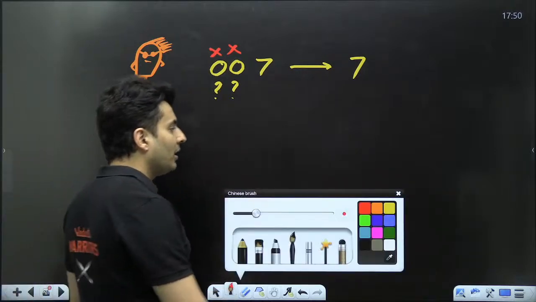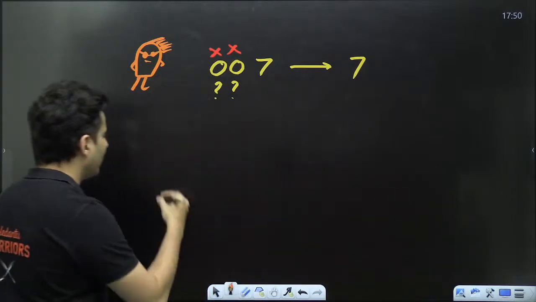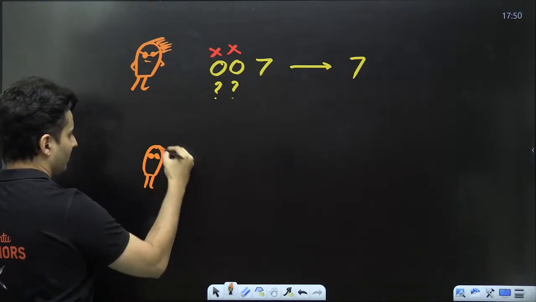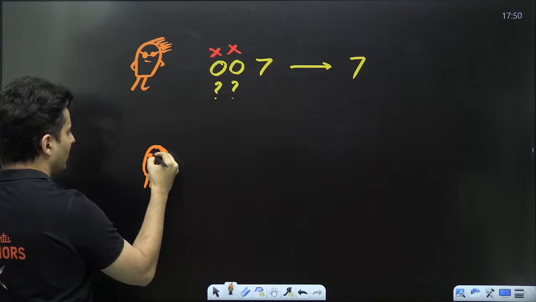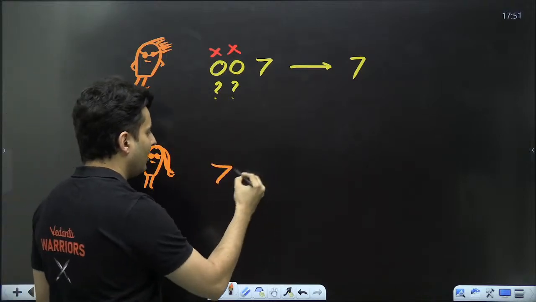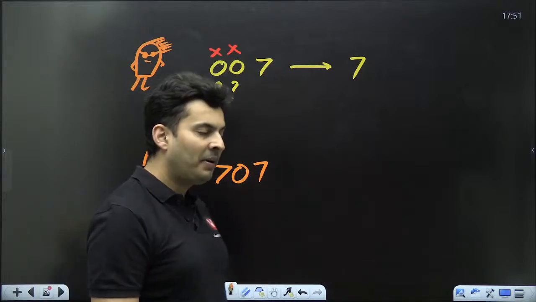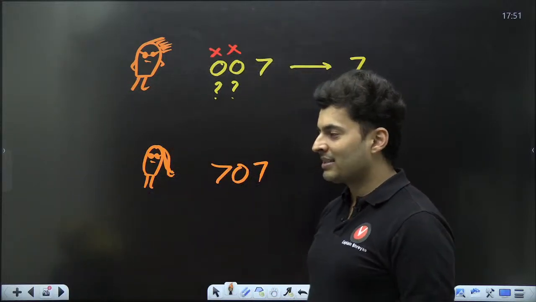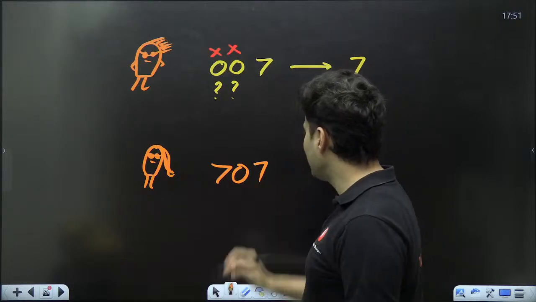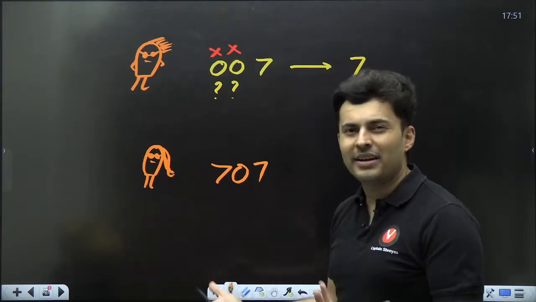But then Champa came up with a sequel, and Champa acted in another movie. This is Champa, and her agent code was 707. Champa 707. That was Champa's code name. Now tell me, will this 0 be useful or is it useless?